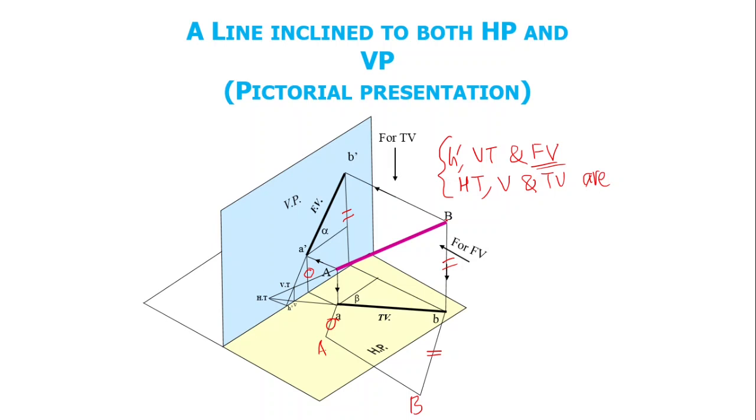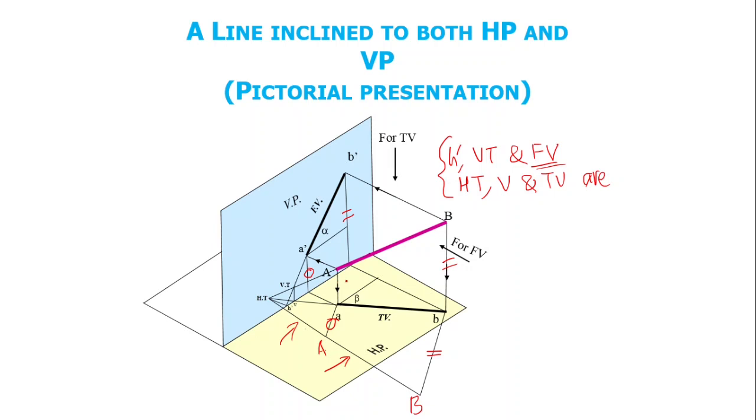The meeting point of this true length and this top view is HT. By extending this line, we can see that the extension line passes through HT.